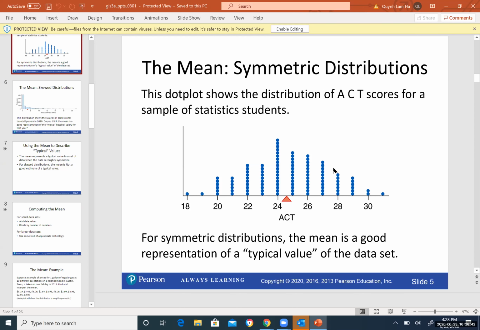It's not perfectly symmetric, however, even though it's roughly symmetric, you can apply the mean to figure out the typical value for the whole data set. In this case, the typical value is about 24.5, 24.6. So this represents the majority of the students who take the ACT: their score will be around 24.6.